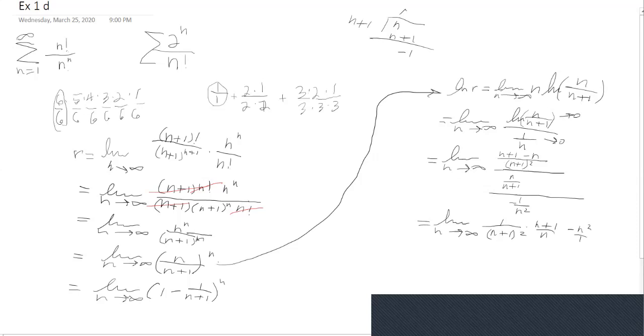Okay, so that numerator and that denominator, all of this becomes a negative n over an n plus 1. And that limit is negative 1. So what we see here is that we have the natural log of r equals negative 1. So e to the negative 1 equals r. r equals 1 over e, which is less than 1. Therefore, we have absolutely convergent.